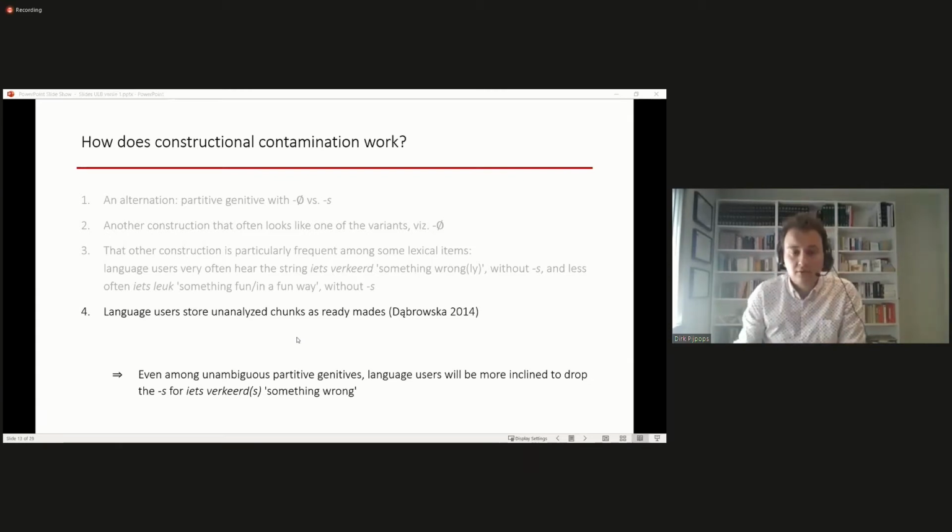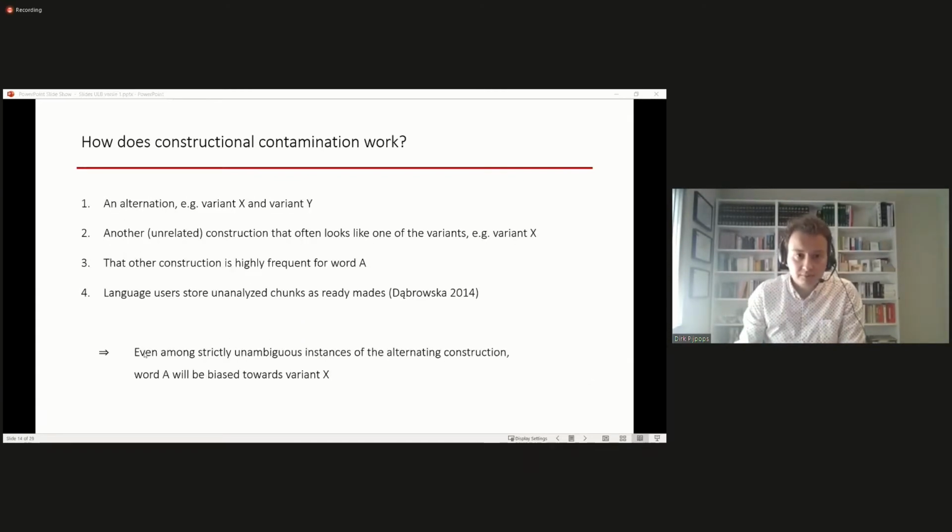All right, so quick recap in general terms. What do you need for constructional contamination? You need a morphosyntactic alternation, for instance, an alternation between variant X and variant Y. Then you need another construction that may be completely unrelated, but that often looks like one of the variants on the surface.